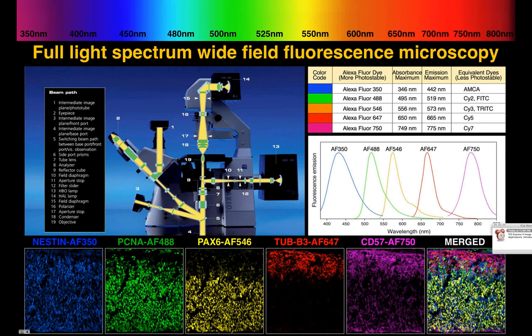We use a pan-neuronal marker, in this case tubulin beta 3, and then a progenitor marker that is one of the first commitment stages after neural stem cells start to divide asymmetrically. Using all these 5 channels, we can get a nice merged composite image.